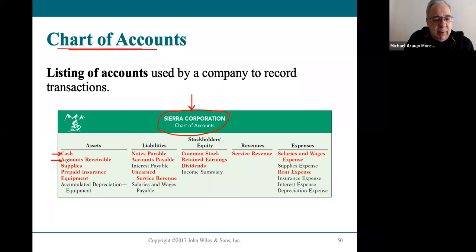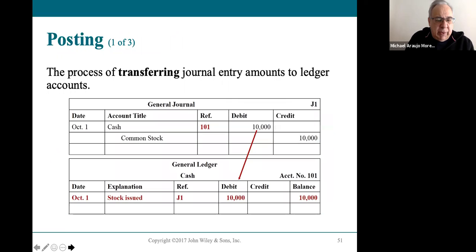Then when the accounts receivable account ends, the next account you would see is supplies, and anything that happened to the supplies account for that company would be listed right there. And it would simply go in order, assets first, liabilities, all these would have its own specific section all the way down. So that's basically what this means.